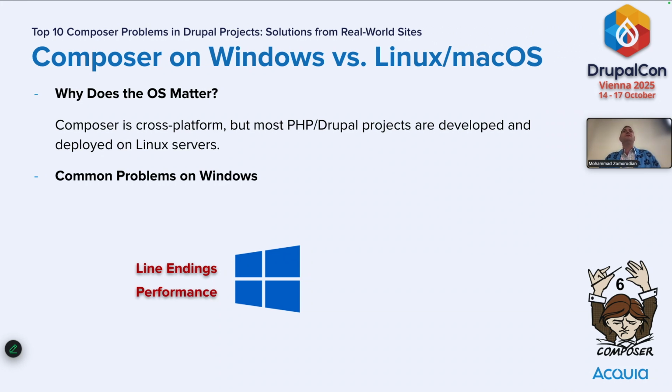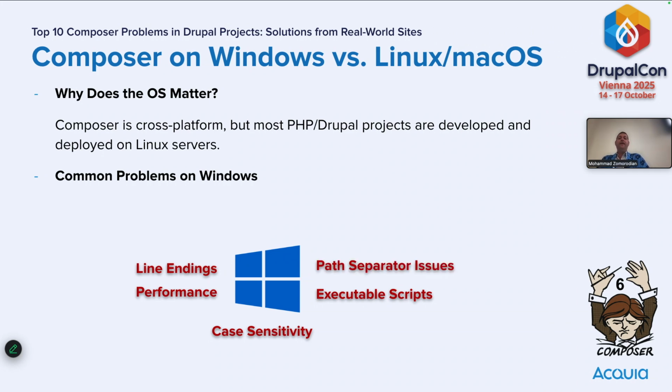Running composer install is usually very slow on Windows. Case sensitivity is one of the common problems on Windows. Executable scripts on Windows, Mac, and Linux are different. Path separator issues are also different: slash versus backslash behave differently on Windows and Linux. And symlink support is different on Linux.